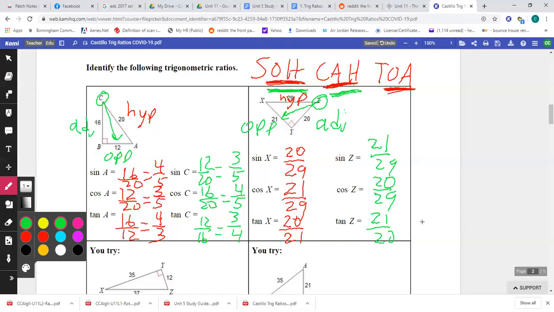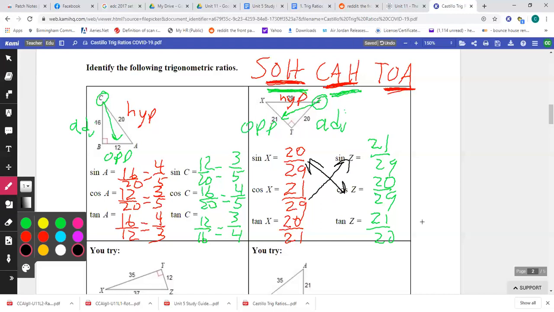Okay. Before you move on to the you try, I want you to notice some things here. Look, the sine of one angle is actually the cosine of the other angle. Same thing happens here.